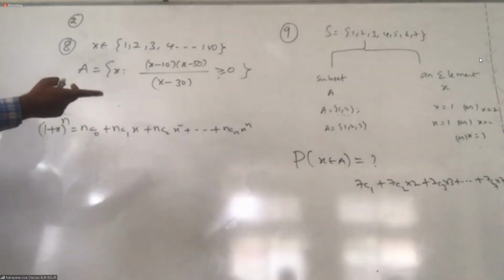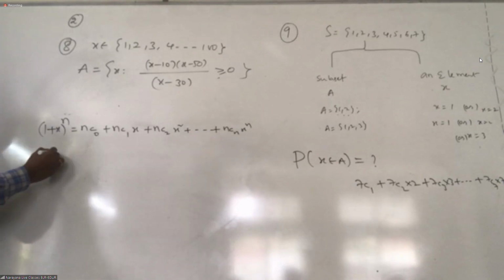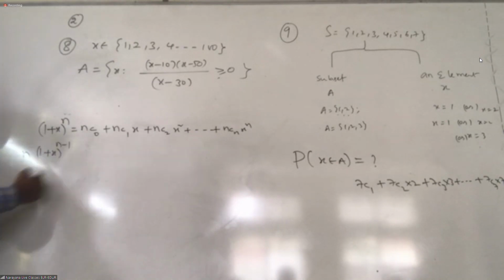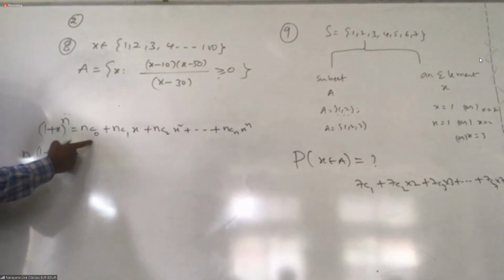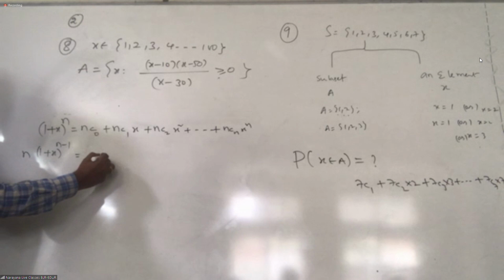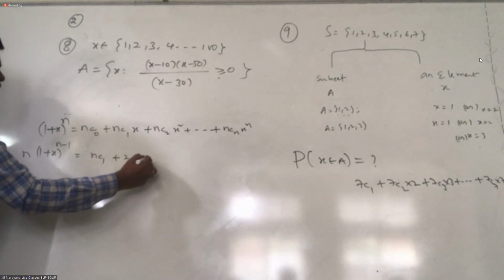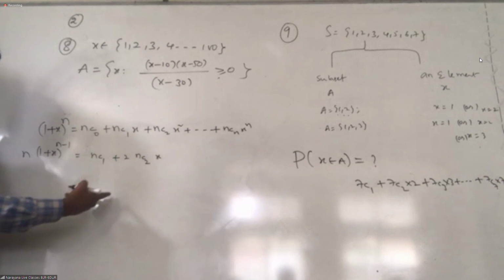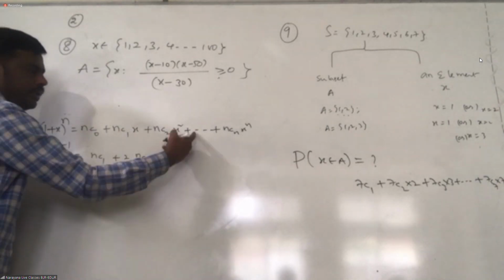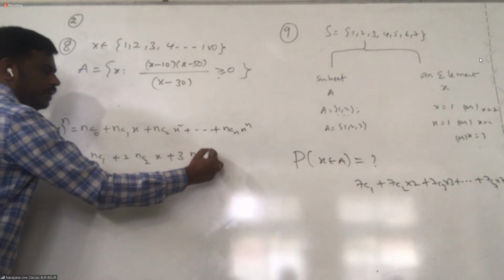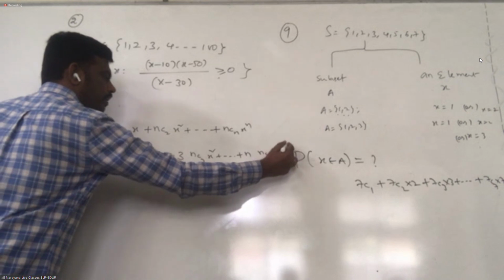Now I need, along with the coefficients, a multiple. That's why I'm differentiating: n into (1 plus x) power n minus 1. The constant is 0 here. nC1 here, then 2 into nC2 into x, then 3 into nC3 into x squared. Like that, n into nCn into x power n minus 1.